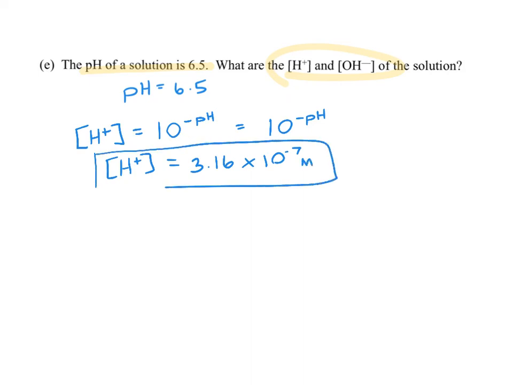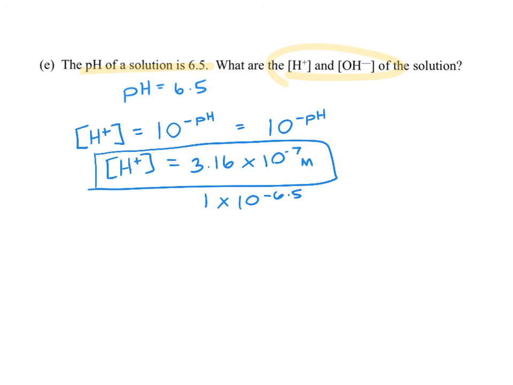Now, some of you may be thinking, well, can't you just do the reverse? Like if 1 times 10 to the negative 6.5 is going to give you 6.5, couldn't the answer just be 1 times 10 to the negative 6.5? And the answer there is kind of yes, kind of no. Yes, that would work. That's actually what would work in your calculator.